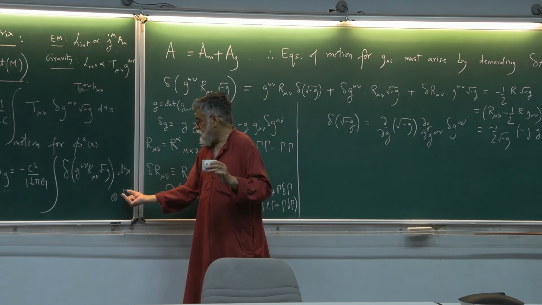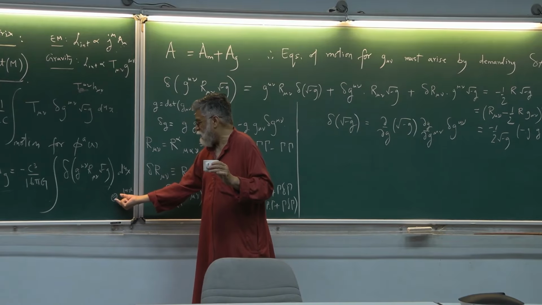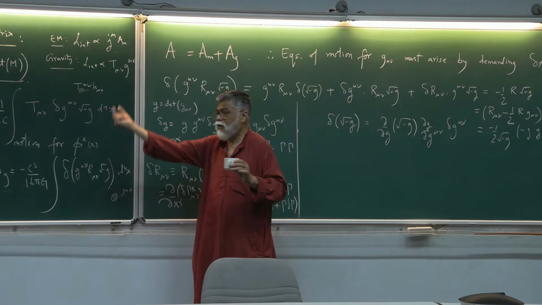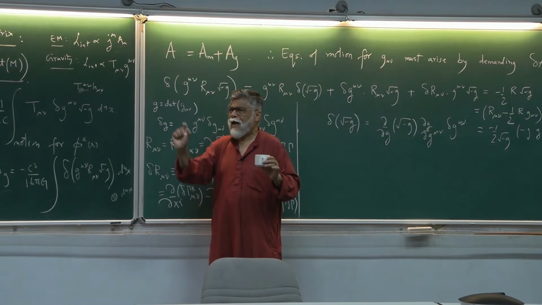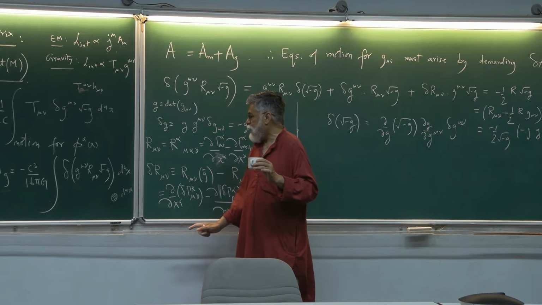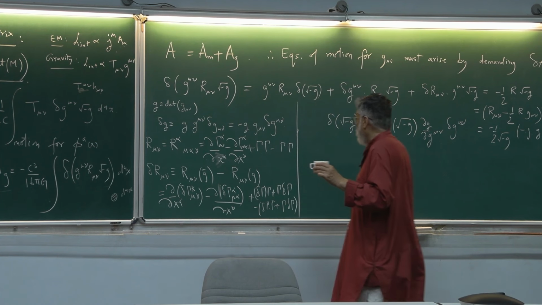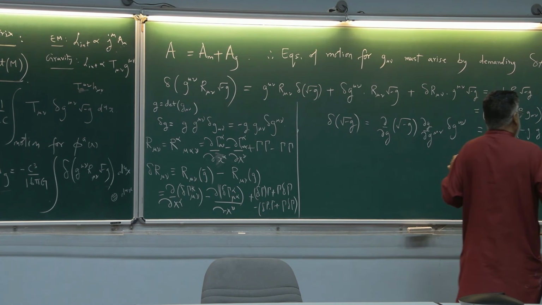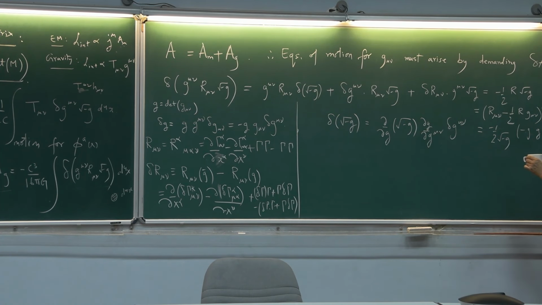So one should be very careful. Now I am not trying to find out the local inertial frame application at one point. I am saying that this is an integral, the variation of this is an integral. And so integral is summation over all the various small d4x volume elements. I choose one small volume element, and I want to calculate over the small volume element this quantity, delta R mu nu multiplied by g mu nu multiplied by root minus g d4x. Root minus g d4x is a scalar, and so is delta R mu nu into g mu nu.